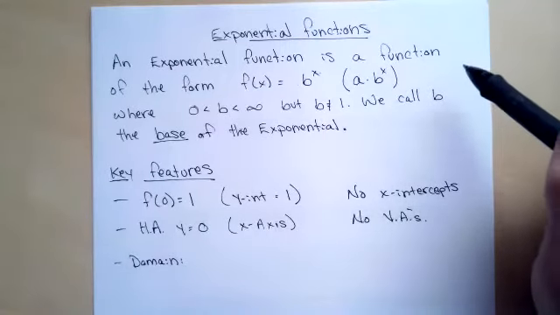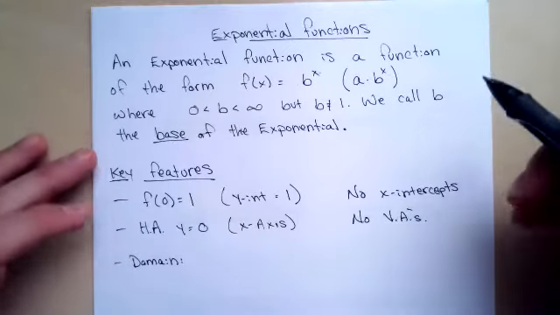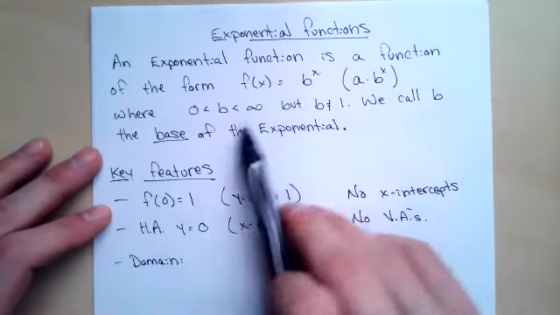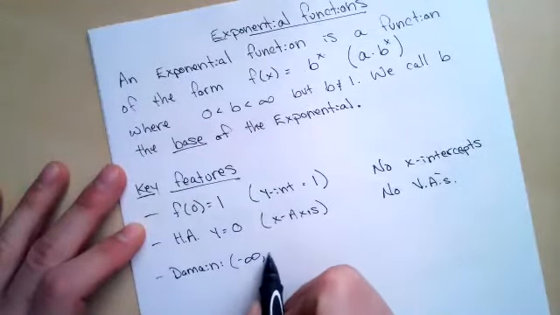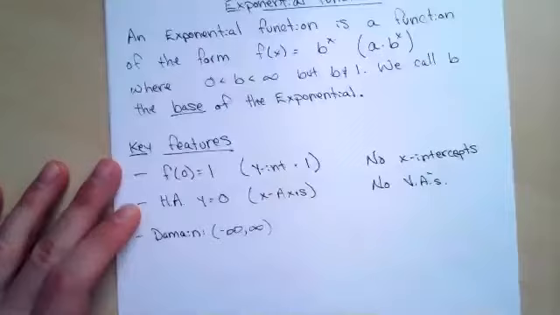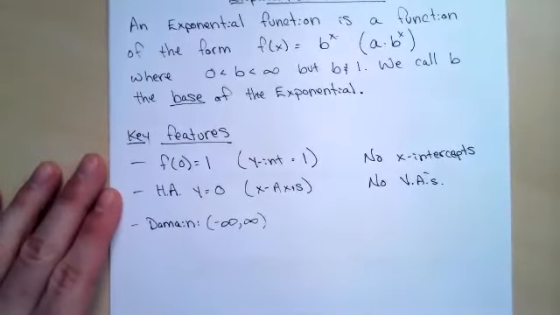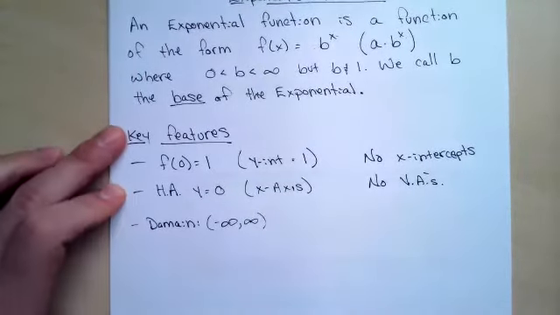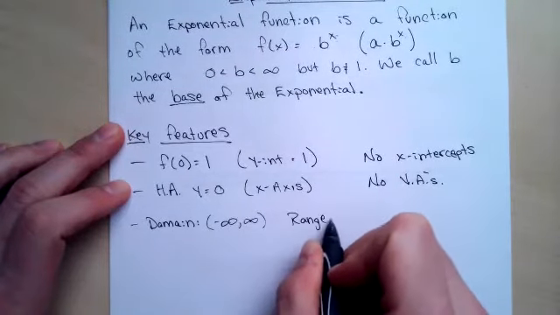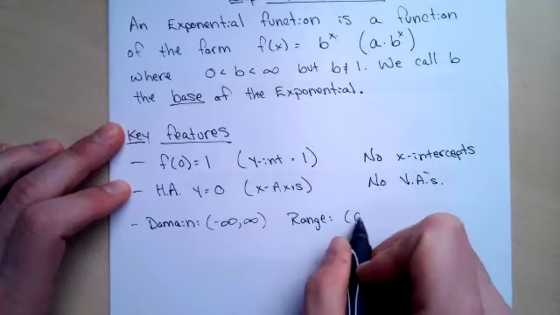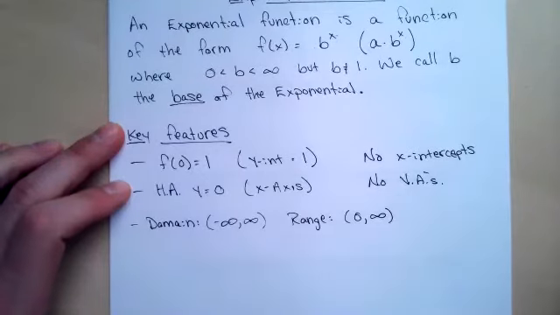It's not going to give us a division by 0, not going to give us a weird square root of a negative number, as long as the base is positive. So our domain has no restrictions. Domain is all real numbers. The range is 0 to infinity.